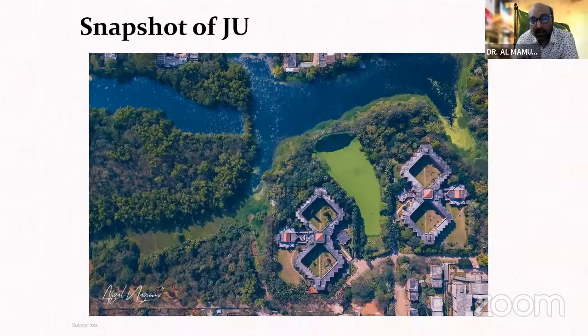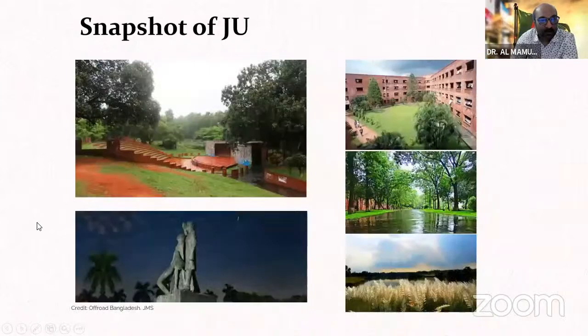All the researchers and the students of MPhil, masters and honors are in the halls, and here is an aerial view of two of the hostels. It's a beautiful university and the second largest university in Bangladesh.